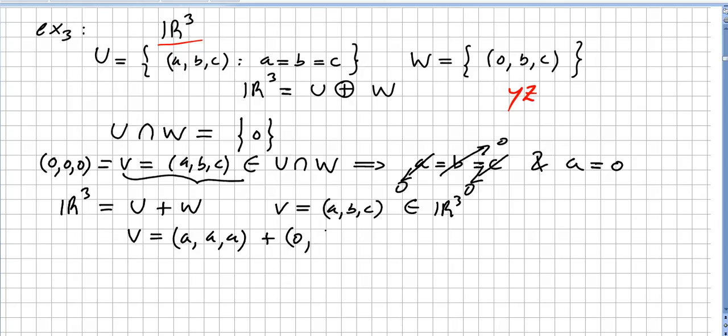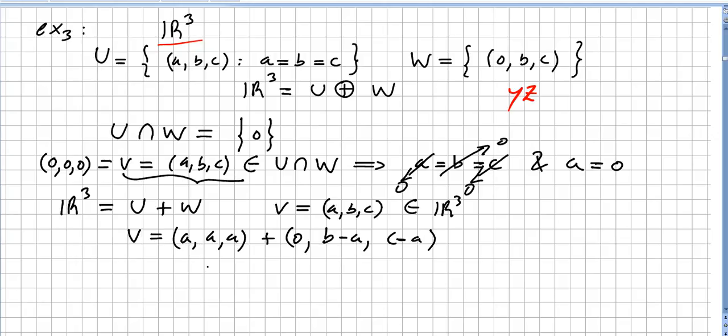B is B minus A and C minus A, right? So if we add these two vectors, right, we will get A here, A plus B minus A, we are going to get B, and then A plus C minus A, we will get C.